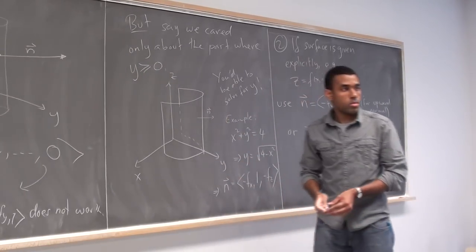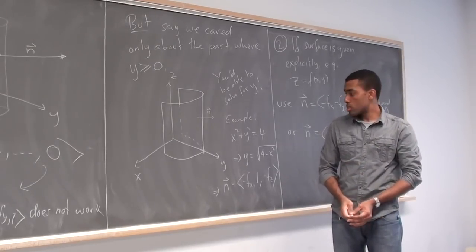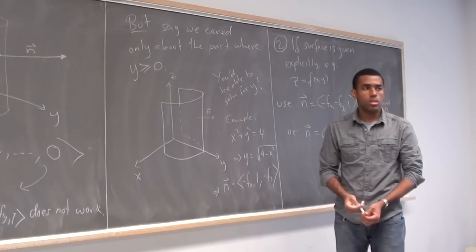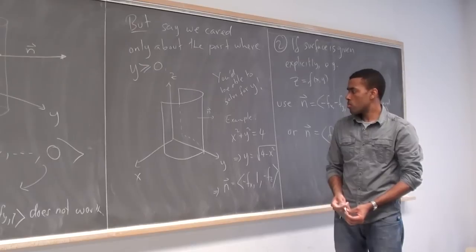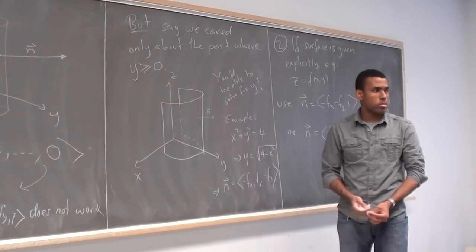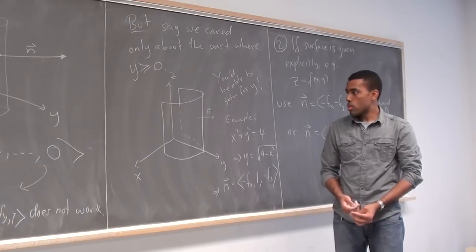But how would you know which one is 1? Could you use a parameterization of y as the absolute value of sine of something, like sine u, for example?